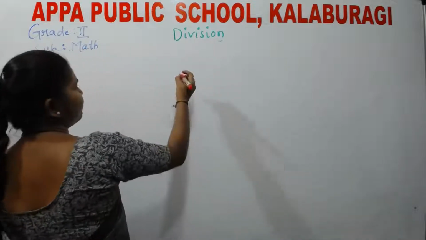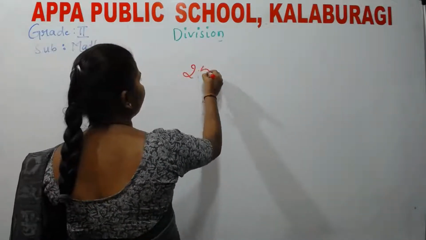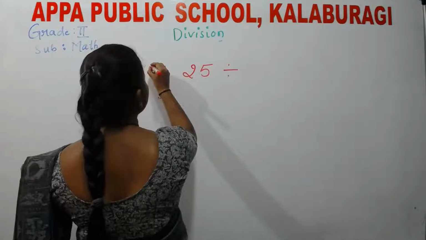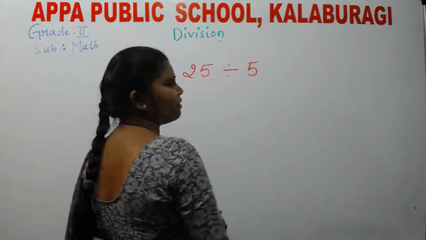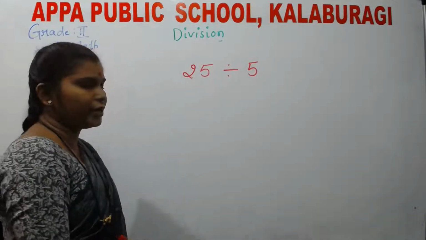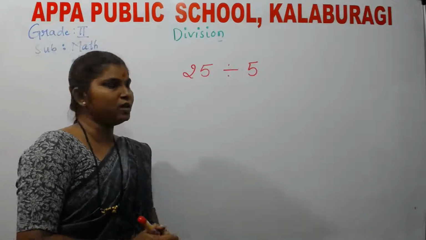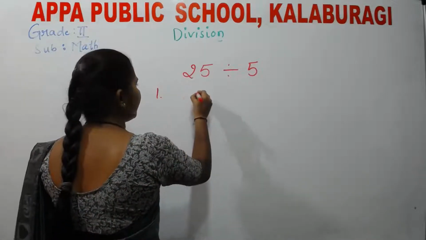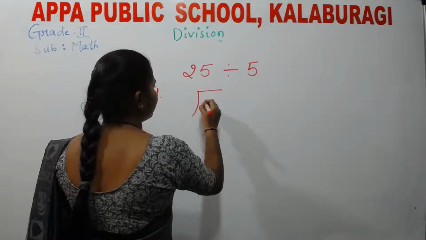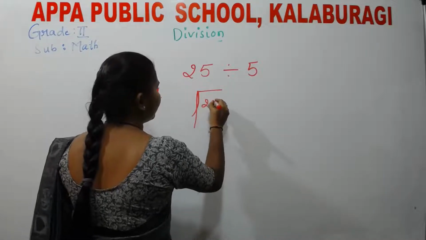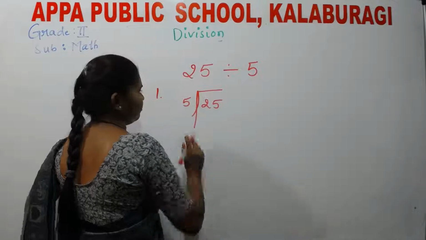My second example is 25 divided by 5. First step is to arrange your numbers. I am arranging my numbers. So this is 5.